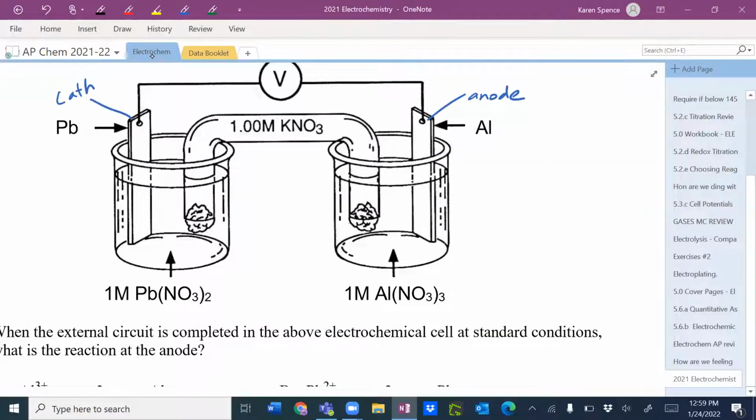Okay, so if we were looking at this, we would have K+ ions, and they would migrate towards the cathode. However, over here, you've got aluminum ions, and they would also be like, oh, you know what? Some of the Ks are leaving the salt bridge. So that's leaving the salt bridge slightly negatively charged.